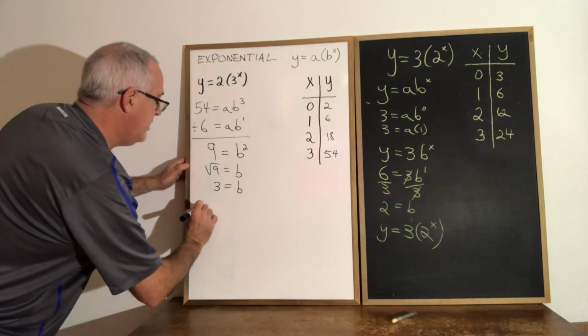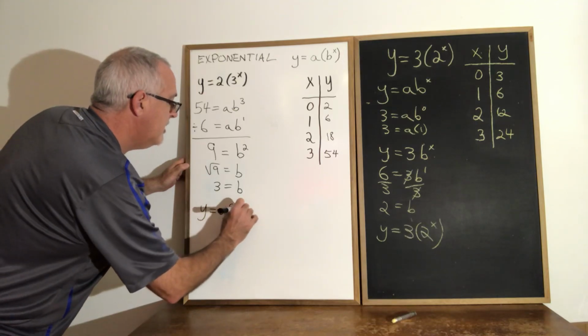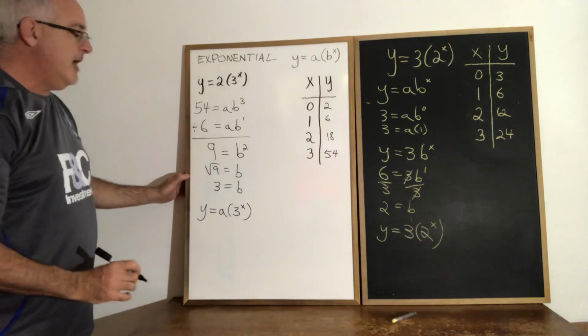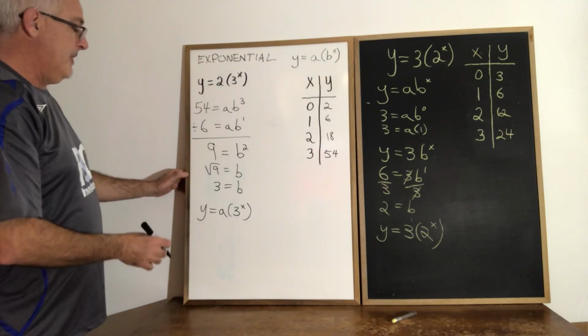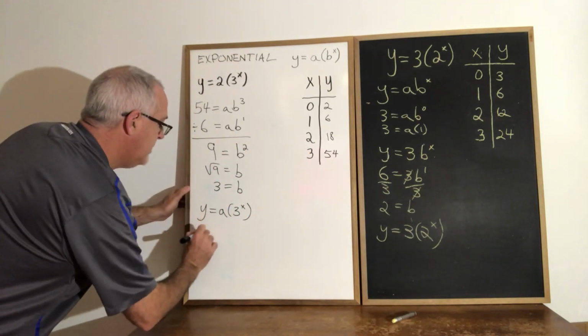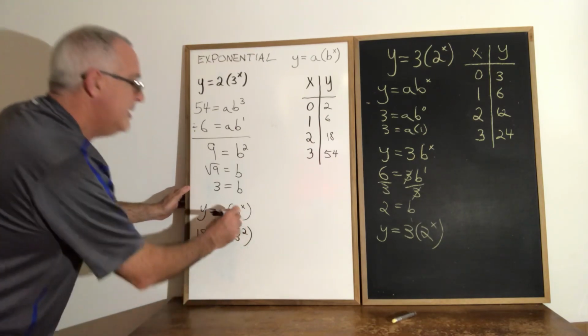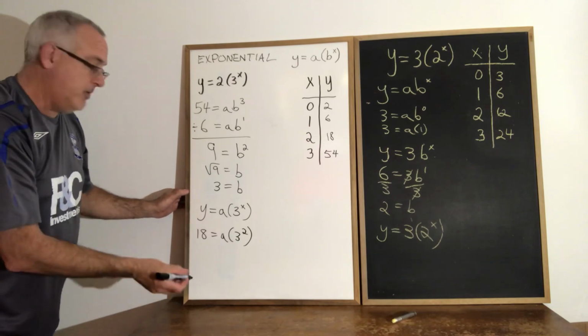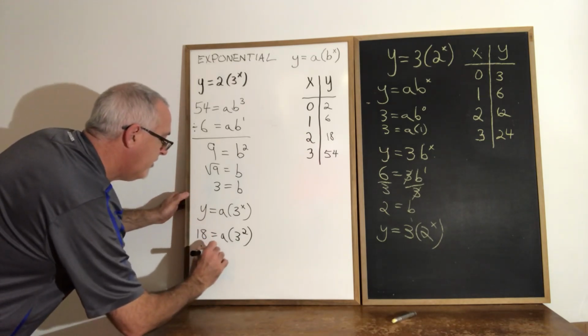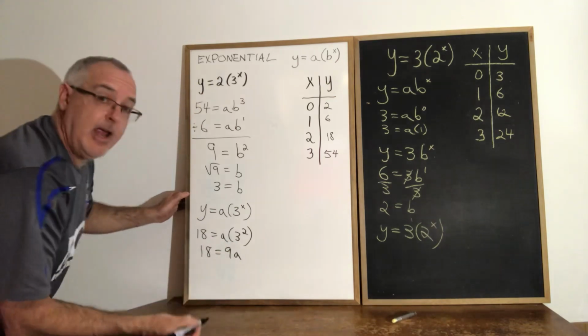I can write my equation: y equals a times 3 to the x. Now I need to find my a. I'll plug in the point (2, 18) to do that. If y is 18, x is 2. So I have 18 equals a times 3 squared. 18 is therefore equal to a times 9, or I'll write it as 9a.